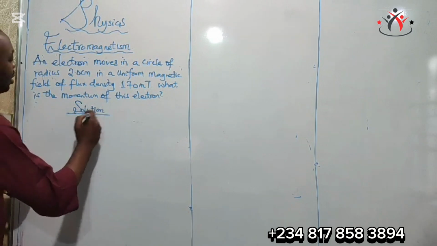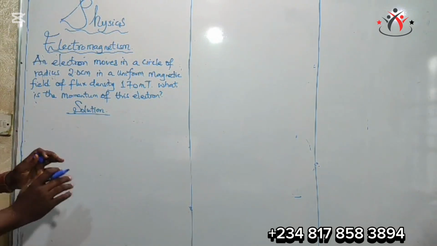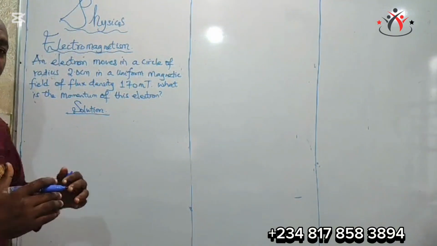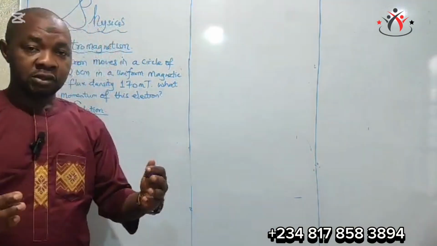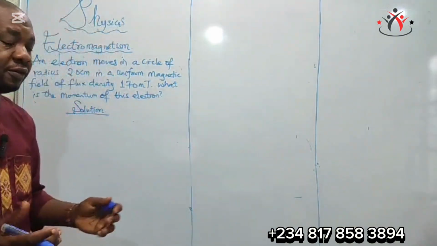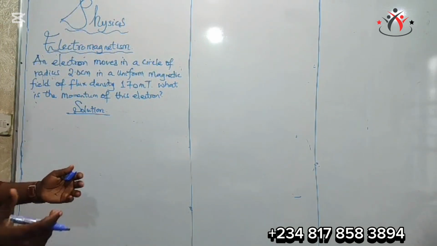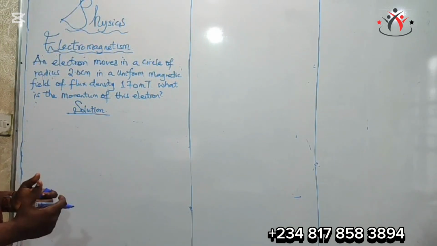The first thing is to identify the parameters, before we set up the equation of the different forces. So we have an electron moving in a circle of radius 2.0 centimeters.